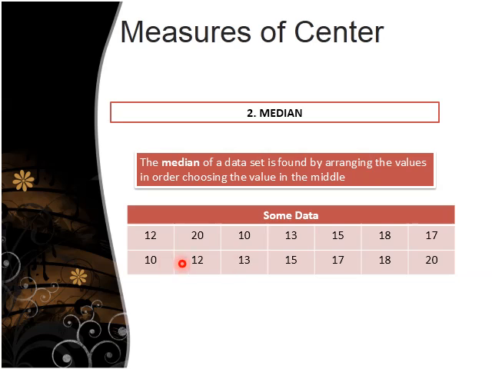So the second row is the same data, just rearranged in order from lowest to highest. Now to find the one in the middle, I just have to look in the very middle of that data set. In this case, the median will be 15. So it's true that the median of the first row is 15. It's just harder to see when the data is not arranged in order.